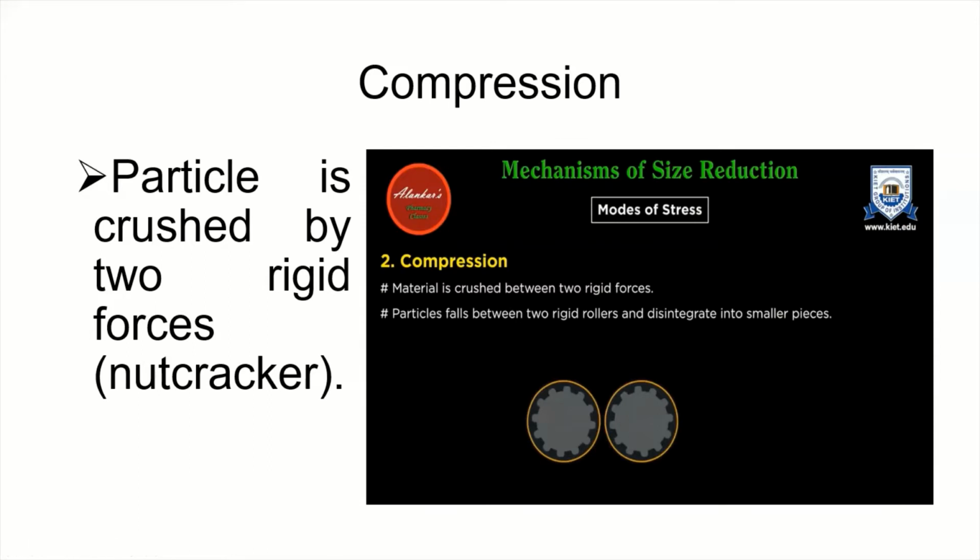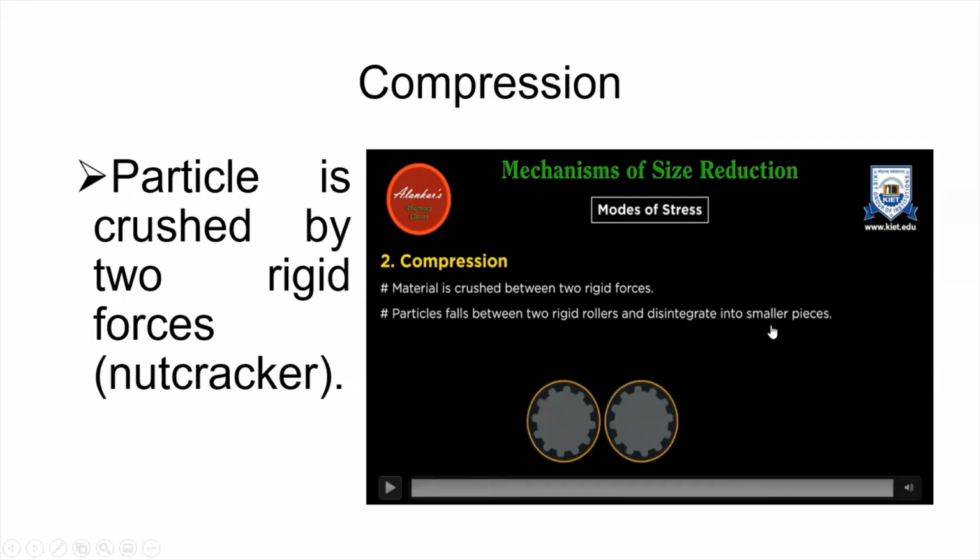There are two rigid forces, and in between, the material will go in and disintegrate into smaller pieces. So the particle falls between two rigid rollers and disintegrates into smaller pieces. So that is the meaning of compression.